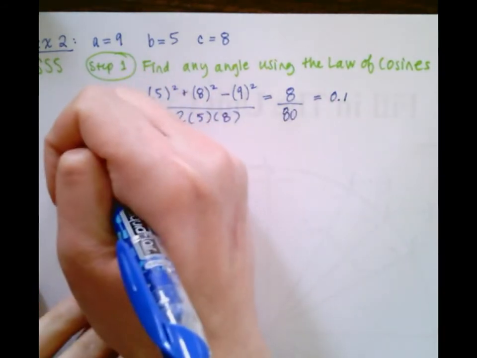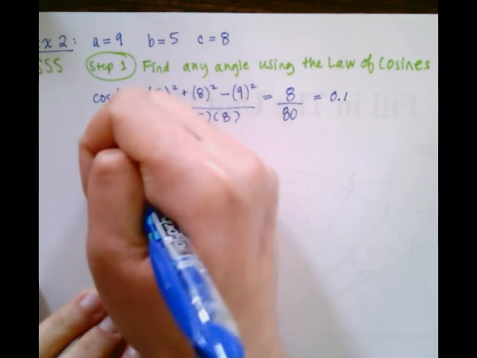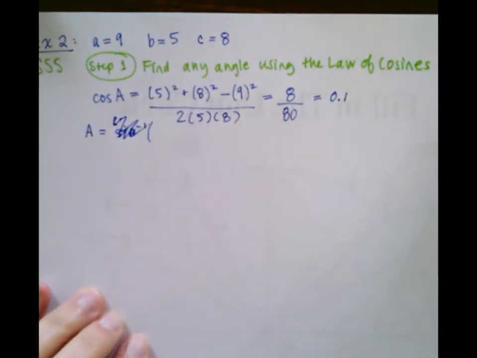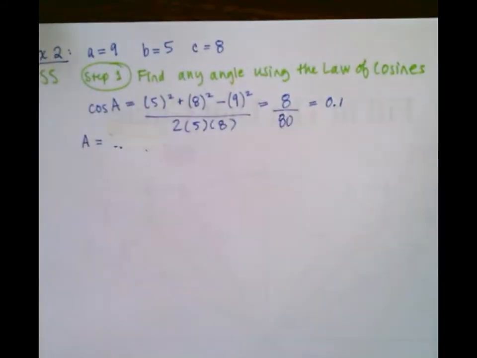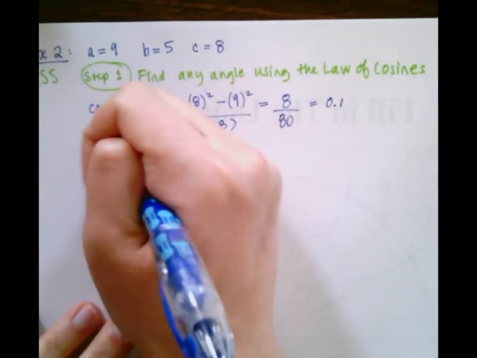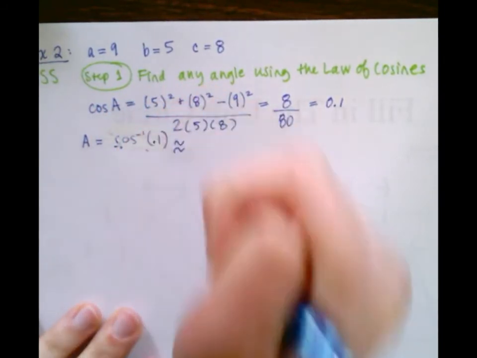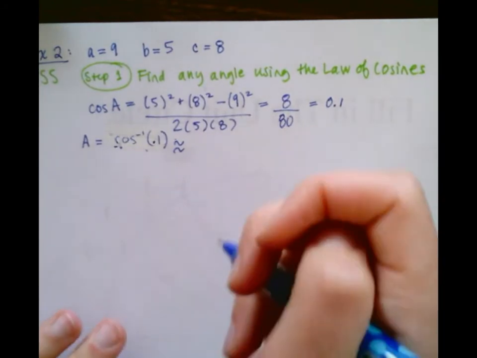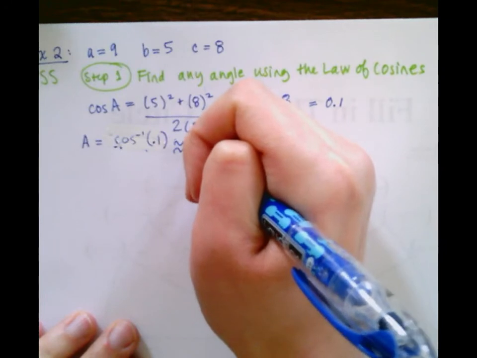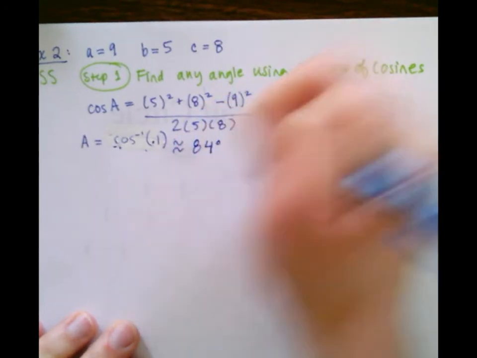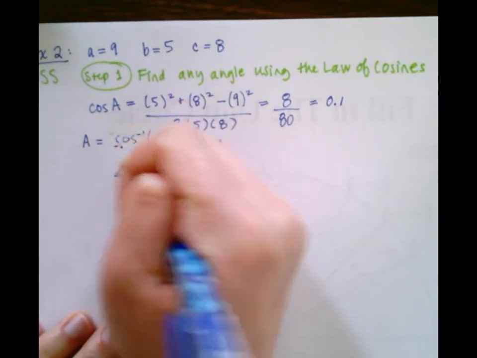So now, in order to find angle A, it's going to be cosine inverse of 0.1, and if you put that in your calculator, I got approximately 84.2, or you could just say it's approximately 84 degrees. So angle A is approximately 84.